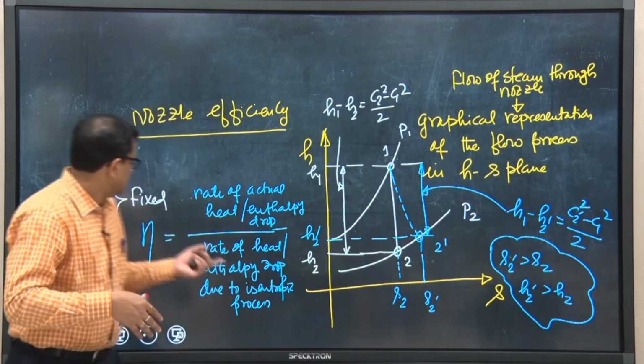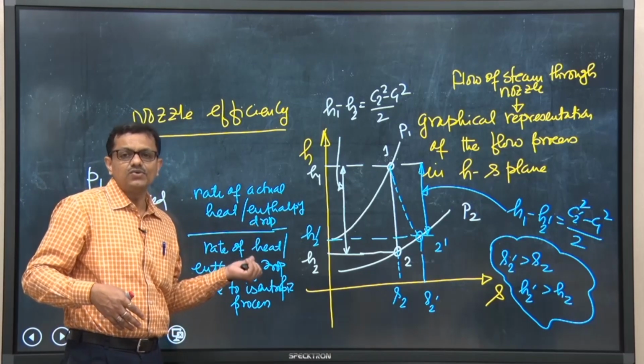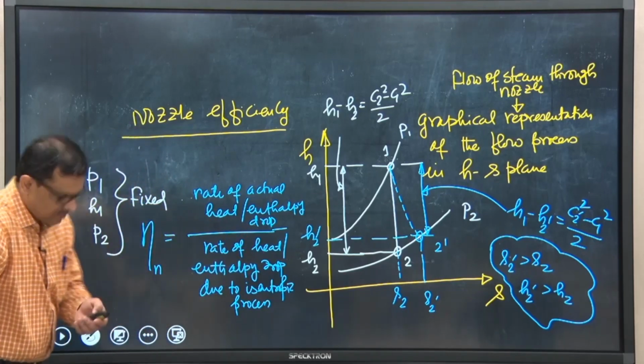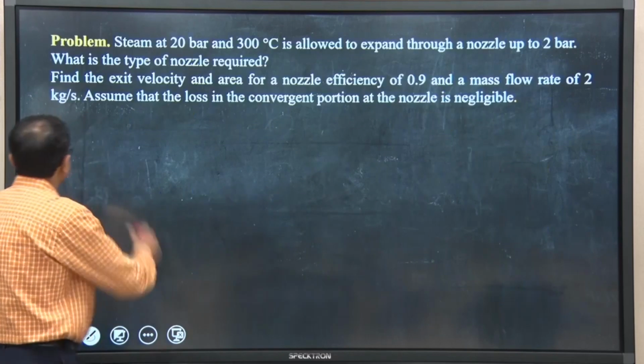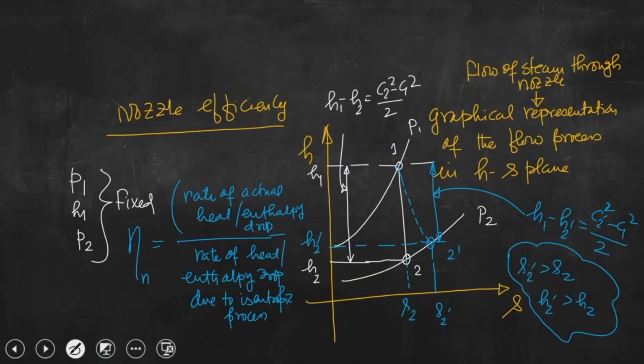In other words, this is nothing but the actual enthalpy drop to that due to isentropic process. So, this is the nozzle efficiency. If we try to write it, the actual heat drop is H1 minus H2 prime, and this quantity is H1 minus H2, right.